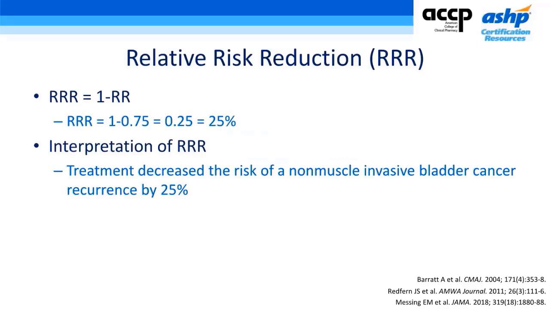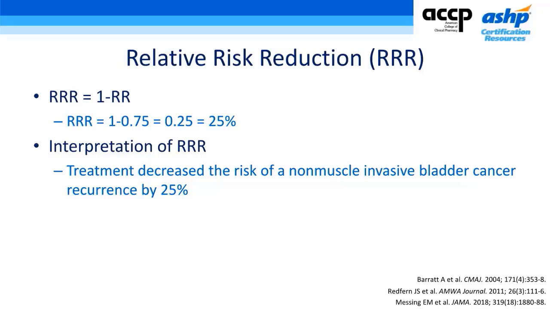So in our calculation for relative risk reduction, we can populate the data that we had. So we know that the relative risk was 0.75. So the relative risk reduction would be 1 minus 0.75, which equals 0.25 or 25%. Now, how do we interpret that in words? So in words, this is how we would interpret the relative risk reduction.